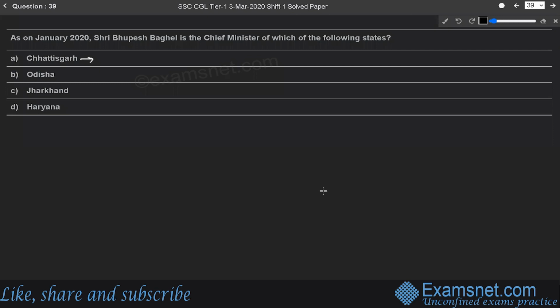Chief Minister of Chhattisgarh is Shri Bhupesh Baghel. And the governor of Chhattisgarh is Sushri Anusuiya Uikey. Second option is Odisha. Chief Minister of Odisha is Shri Naveen Patnaik.